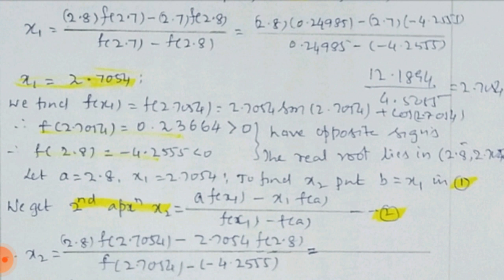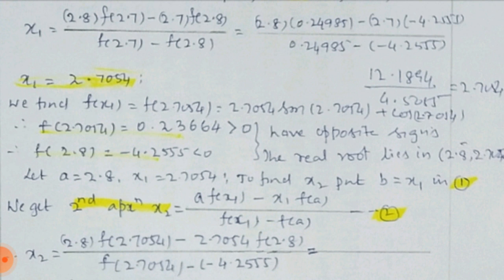F of x1 is equal to f of 2.7054 is equal to 2.7054 into sin of 2.7054 plus cos of 2.7054. So we simplify, f of 2.7054 is equal to 0.23664.